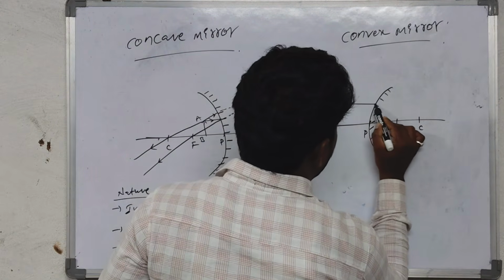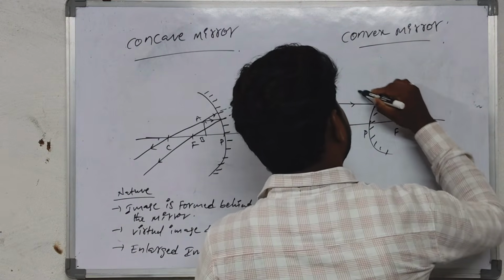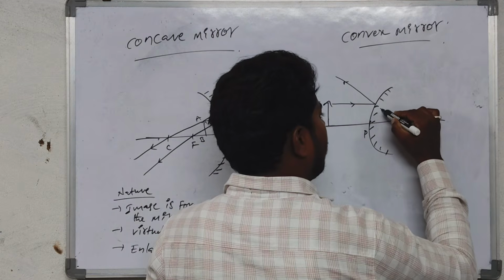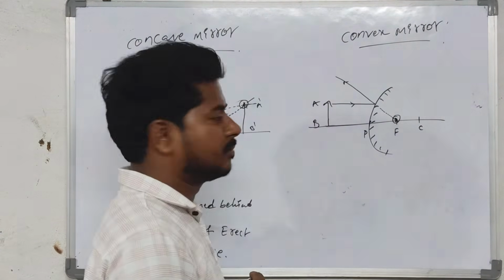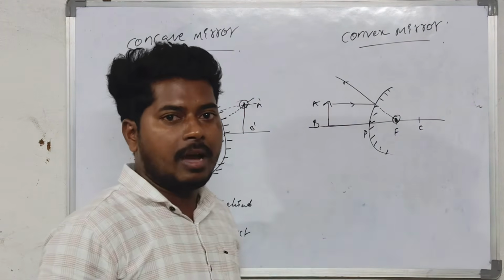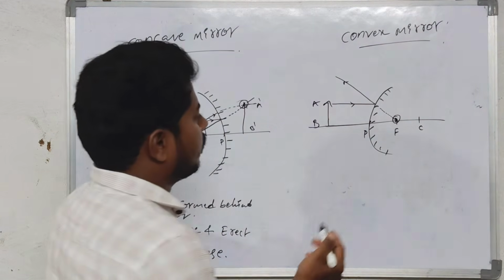A ray of light parallel to the principal axis gets reflected like this. If you extend dotted lines from here, that dotted line touches exactly at the focus. Here the second rule is not applicable, that is violated. We can go with the third rule.